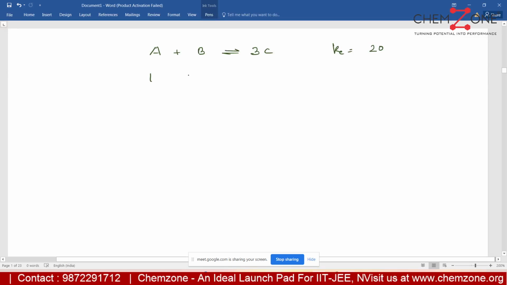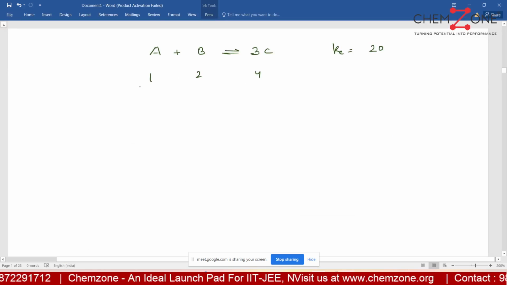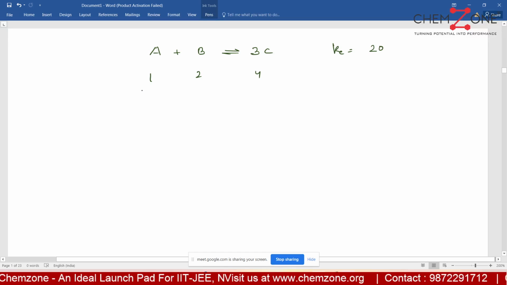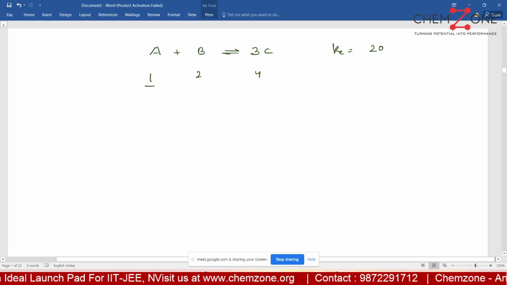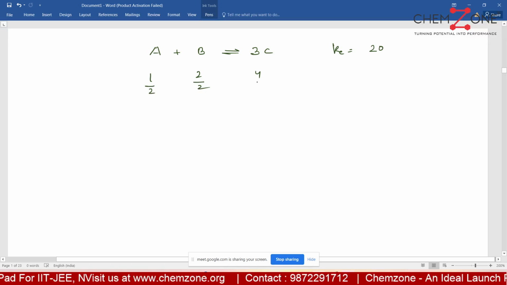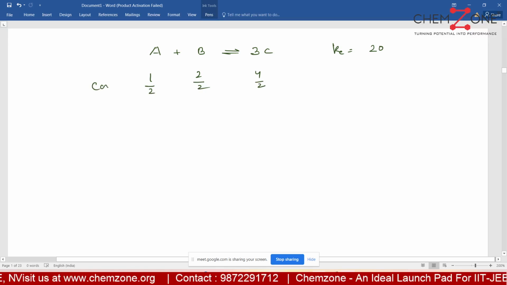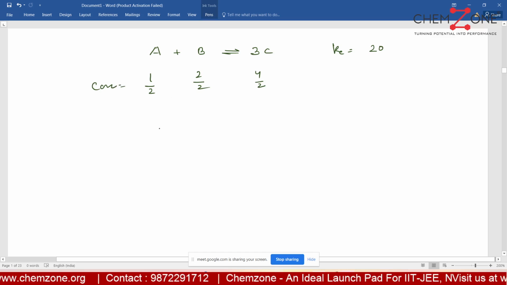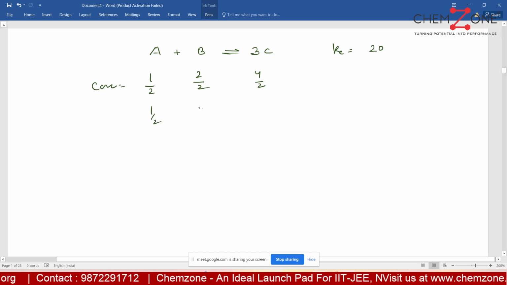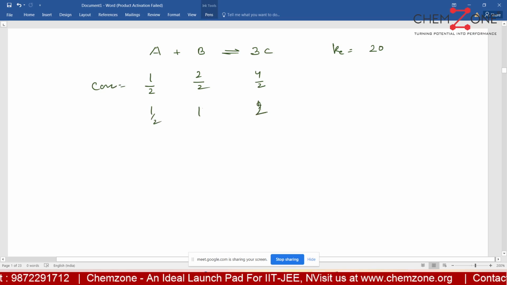But volume is equal to 2 liters, so the concentration will be number of moles upon volume: 1 by 2, 1, and 2.